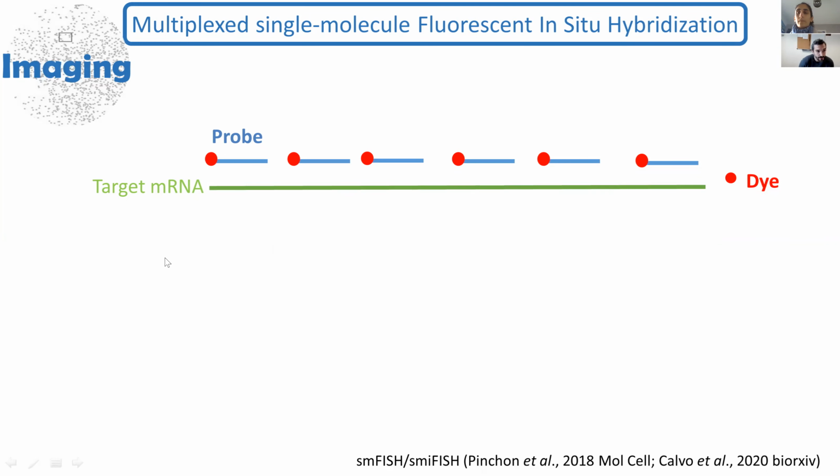So I'm just going to explain what smFISH is. So here you have your RNA of interest in green here, and you are going to perform a hybridization against this RNA with different probes that are labeled with a dye. And then you take your sample, you go to your favorite microscope, and you take a picture of your favorite RNA.